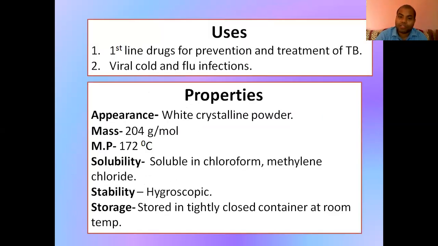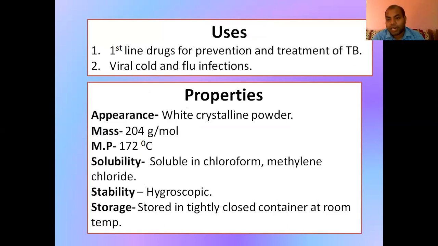In terms of use, it is useful for the treatment of TB as well as the prevention of TB, along with viral cold and flu infection. In terms of properties, it is also a white crystalline powder having a mass of 204 gram per mole, and a melting point of 172 degrees centigrade. It is soluble in chloroform and methylene chloride.